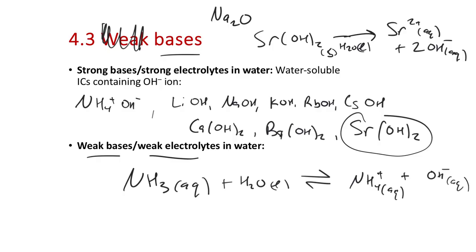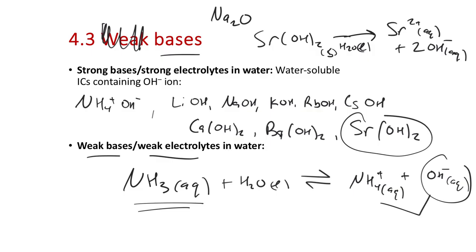And so we just get less than 100% yield of our ammonium and hydroxide cation and anion. So we're getting some reaction, some formation of hydroxide. And so that's why we look at ammonia and say that it makes some hydroxide, just not 100%.